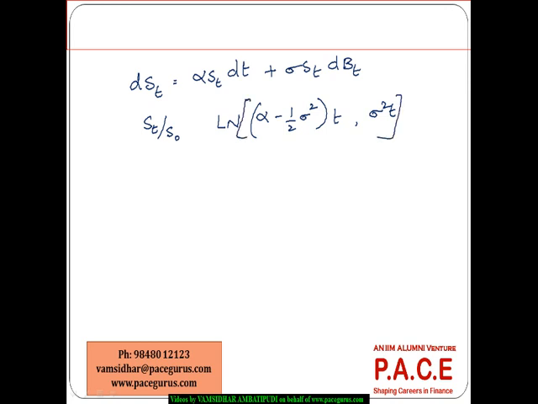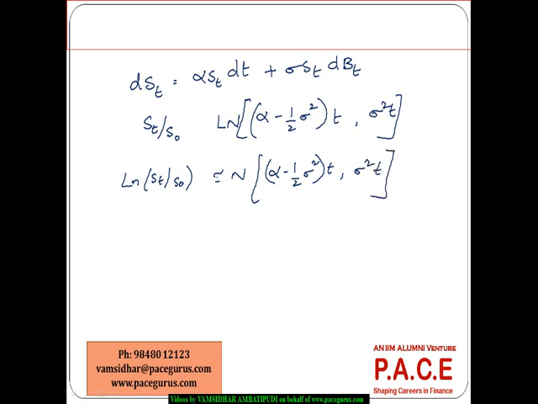Which means the logarithm of St by S0 is going to follow a normal distribution with mean alpha minus half sigma squared times t and sigma squared times t being the variance.